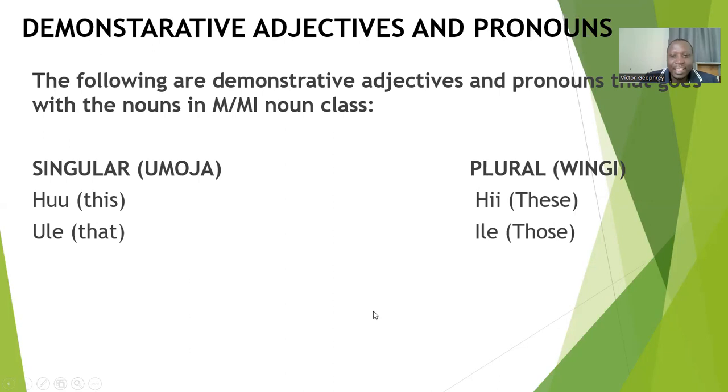Or you can say in plural we have hii, which means these, and ile, which means those. So remember in plural the noun will start with "mi". If it's mlango, over here it would be milango. So milango hii. Milango hii ni yako.